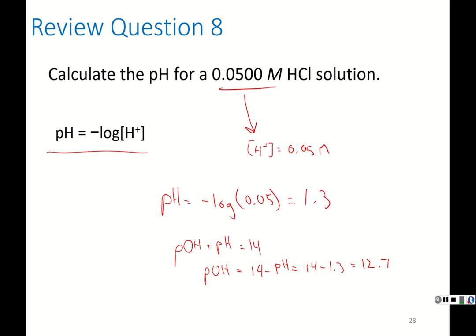So being able to calculate a pH is important, but also being able to work between pOH and pH, or between a hydronium ion concentration and a hydroxide ion concentration. Being able to convert back and forth is important.